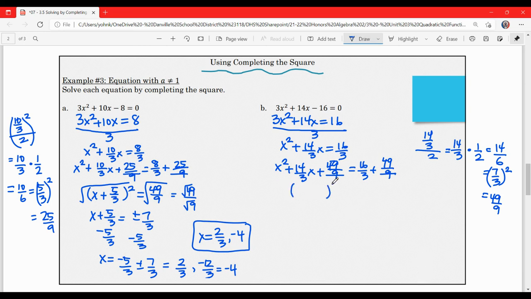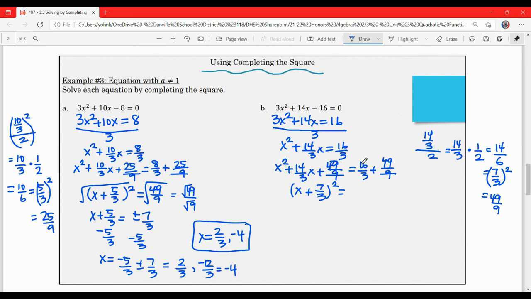Okay, so when we factor it, we take the letter from the problem, put it in the parentheses, take the sign from the problem, put it in the parentheses, take the half number, which was 7/3, equals, and then we need to add these two fractions together. If you don't know how to do it, grab your calculator.